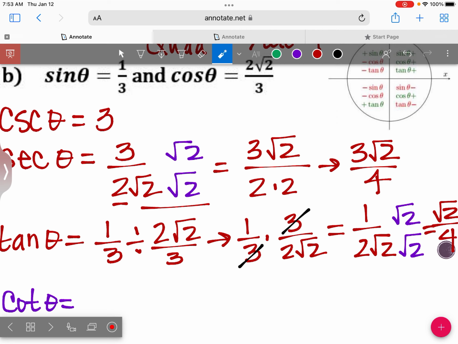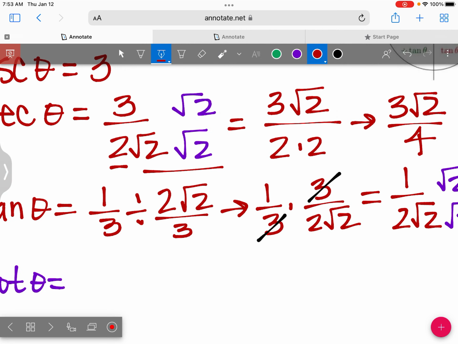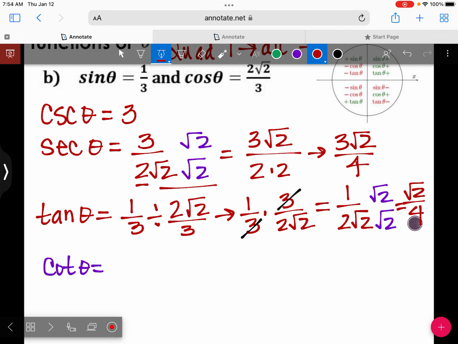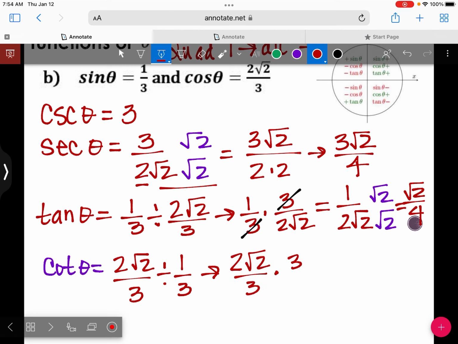Okay, so our cotangent, I'm actually going to do it the long way, though. Let me just do it the long way, just to verify that what we get is what we should get. So cotangent is cosine divided by sine. So cosine would be 2 root 2 over 3. We're going to divide that by 1/3. So we're going to do our keep, change, flip.